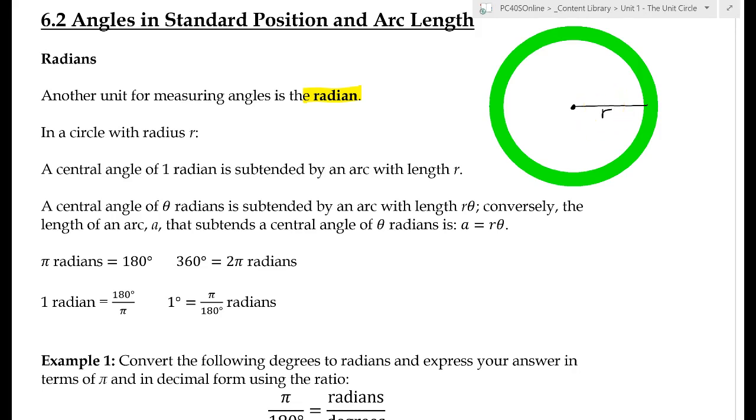If we then took a piece of string that was exactly that length and shaped it to the distance around the circumference, it would look something like this. We would be able to curve it to follow the circumference. And the angle that's created by that exact piece of string is 1 radian, because it's 1 radius's worth of arc length.